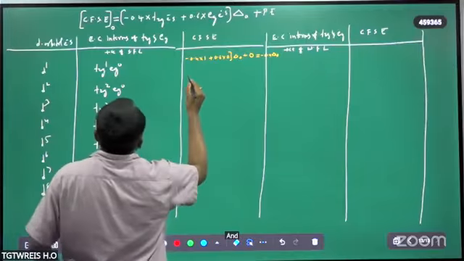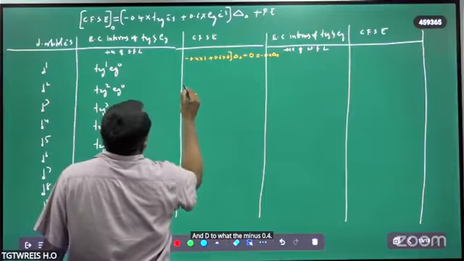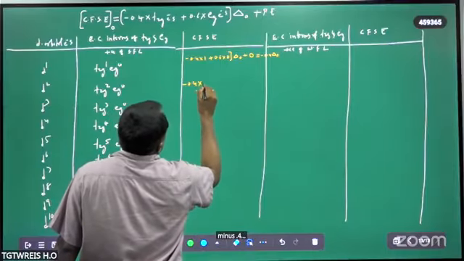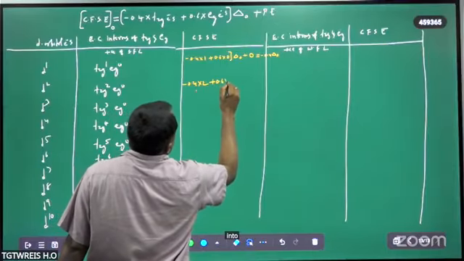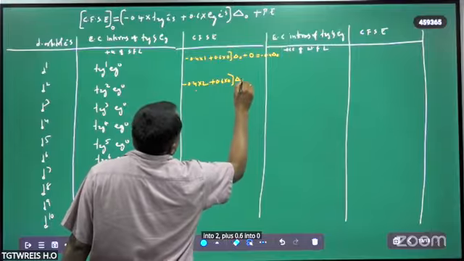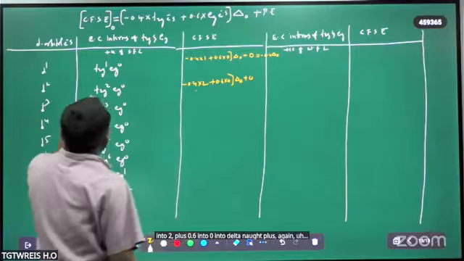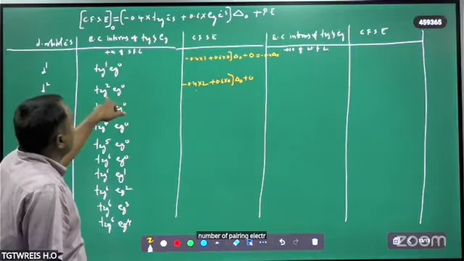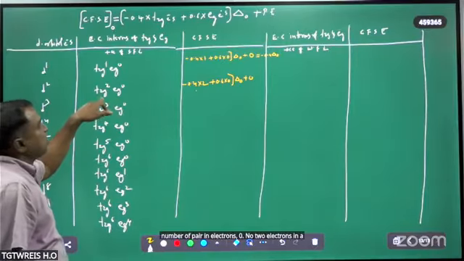And for d2: minus 0.4 into 2 plus 0.6 into 0, into delta naught, plus number of pairing electrons 0. No two electrons in a single orbital in this case also.